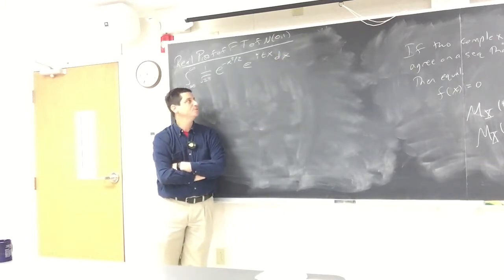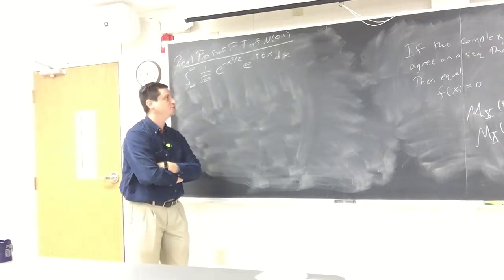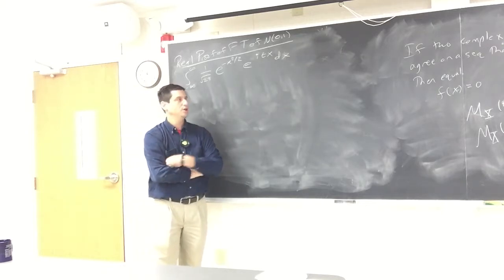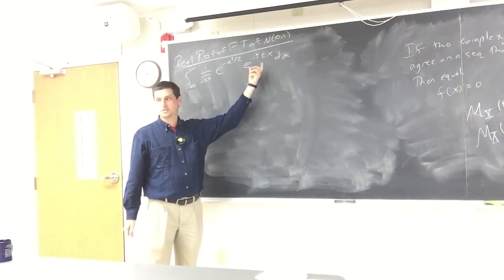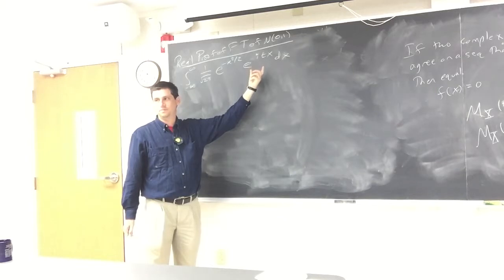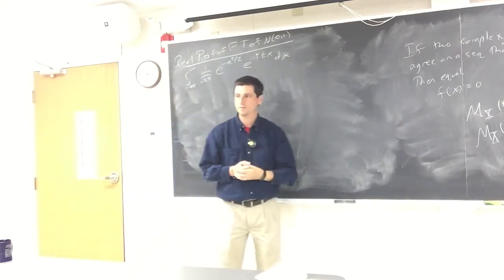If it was the Fourier transform, I should really have negative 2 pi t. All right, if you really want the Fourier transform, replace t with negative 2 pi t at the end of the day. I am trying to cut down on the symbols that are floating all over this. All right? How can we rewrite e to the itx? When you see e to the itx, how should you think about representing it?